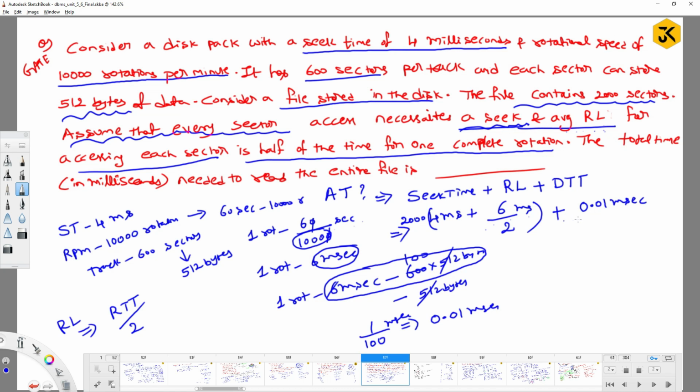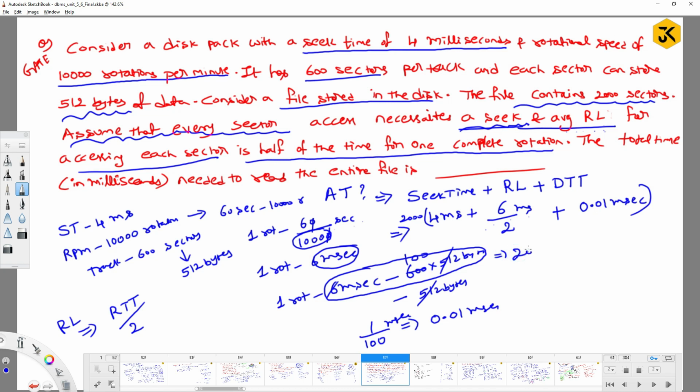Do we need to add it to the data transfer time? We need to add it for all the things. This is all meant to transfer one sector, but they are asking to transfer 2000 sectors of data, meaning our file is distributed over 2000 sectors. So finally we need to multiply by 2000.